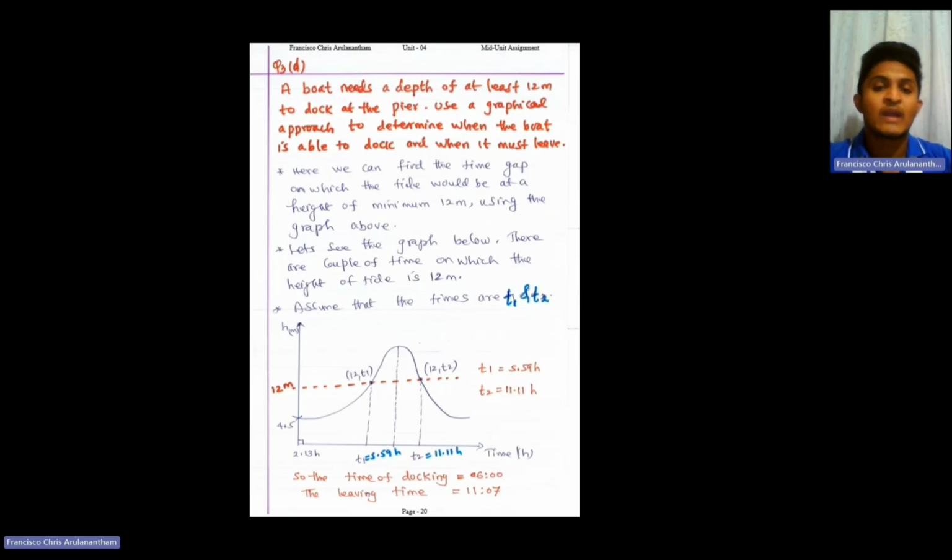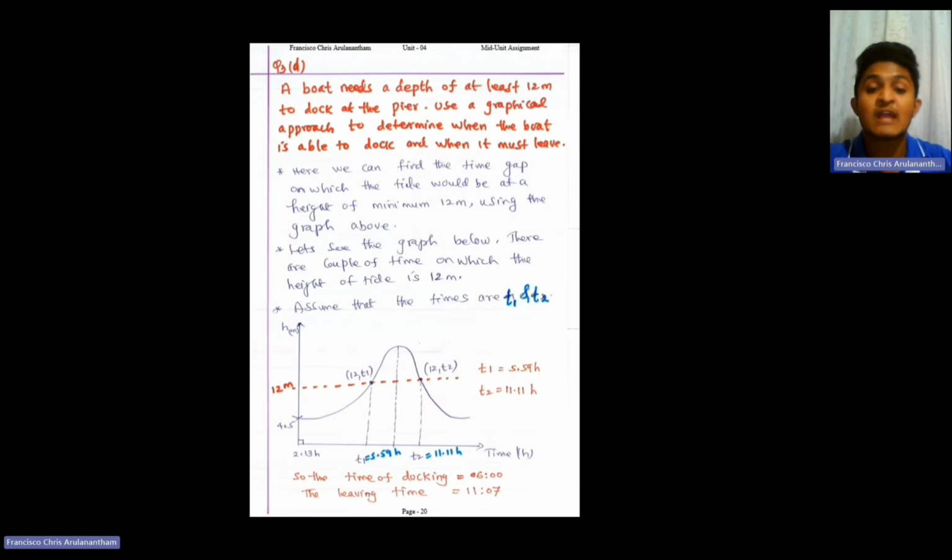Here we can find the time gap in which the tide would be at a height of minimum 12 meters using the graph above. Let us see the graph below.